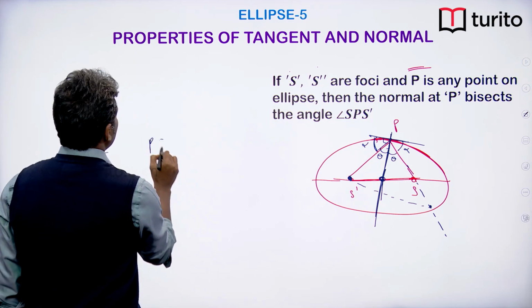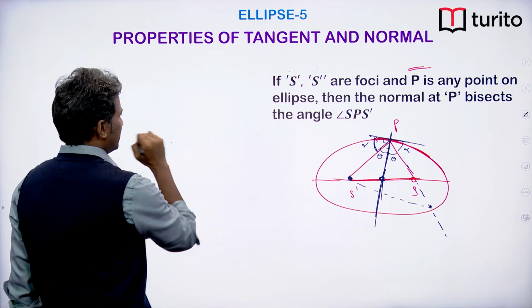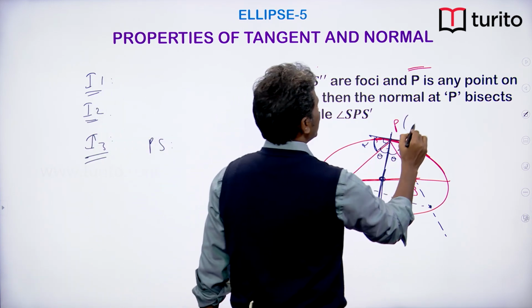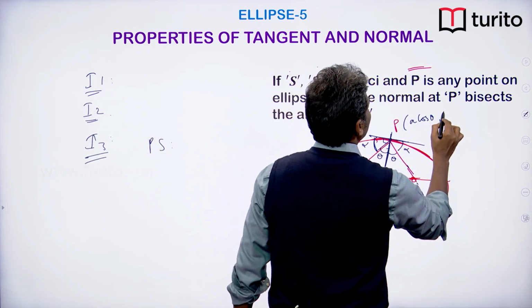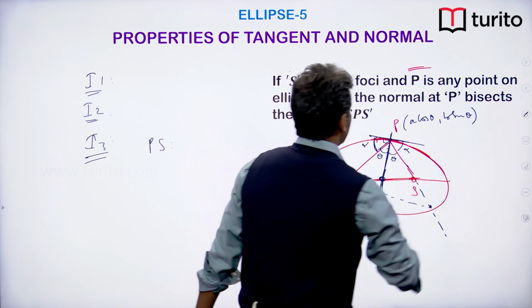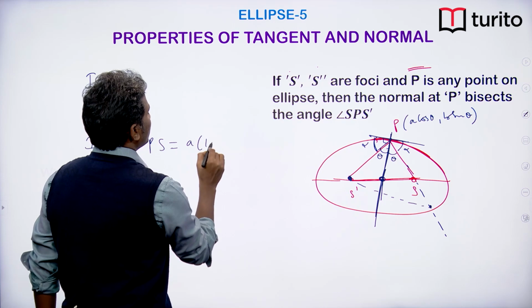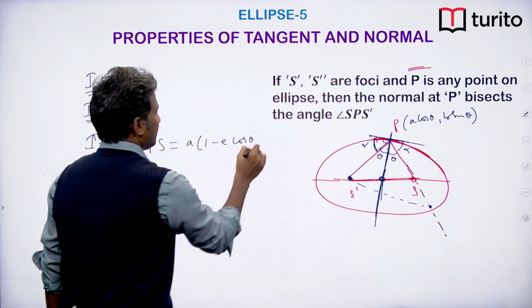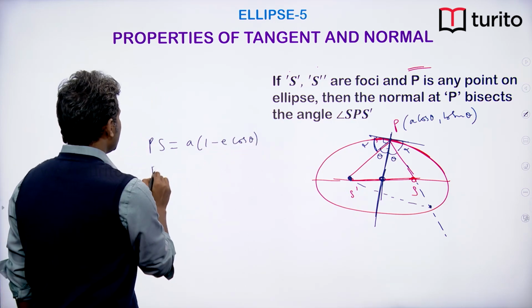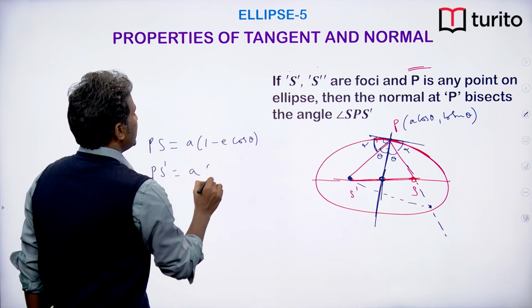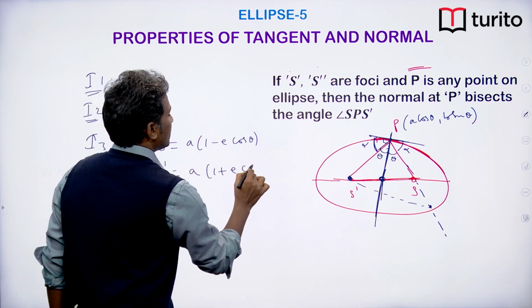What is PS? If I take this point as A cos theta comma B sin theta, then PS is going to be A into 1 minus E cos theta, and PS dash is going to be A into 1 plus E cos theta.